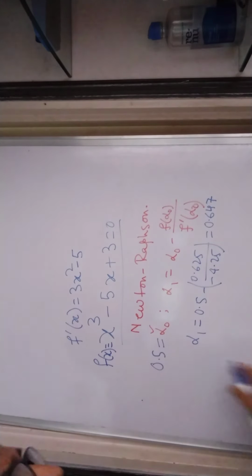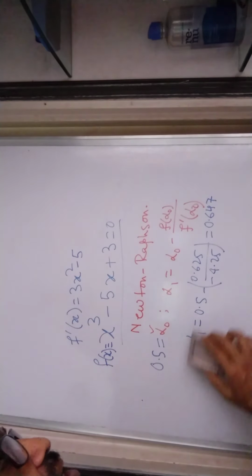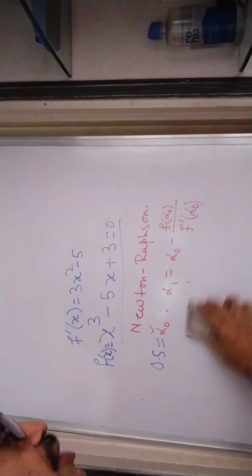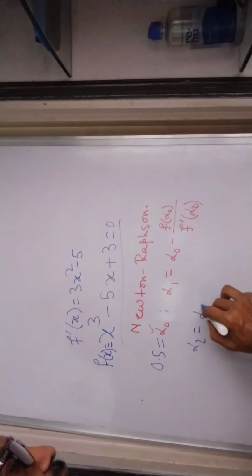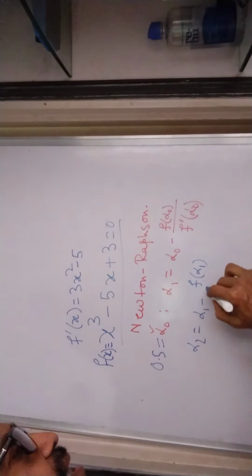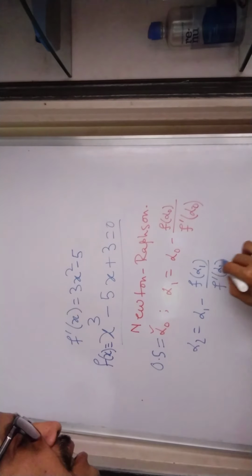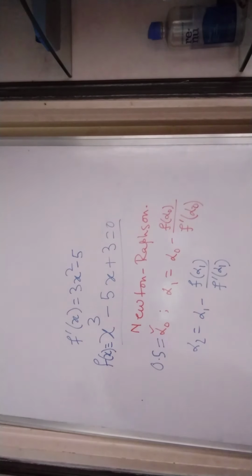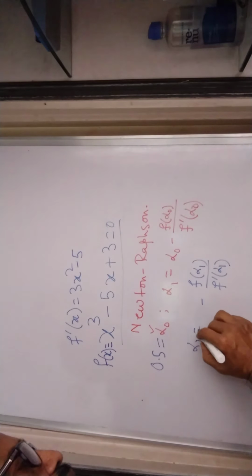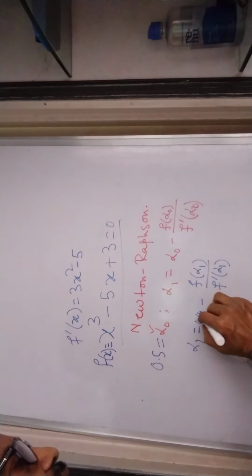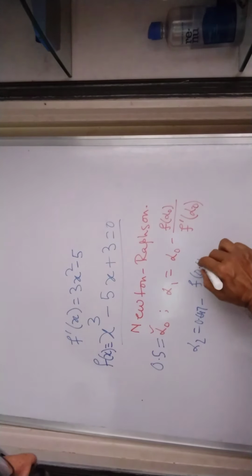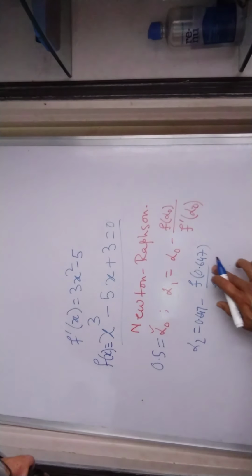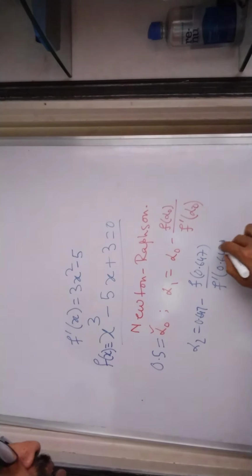And then what is alpha 2? Alpha 2 will be the next correction, and it is an iterative process. Since alpha 1 is 0.647, according to the formula, alpha 2 will be equal to alpha 1 minus f of alpha 1 by f prime of alpha 1. So we write here 0.647 minus f of 0.647 by f prime of 0.647.